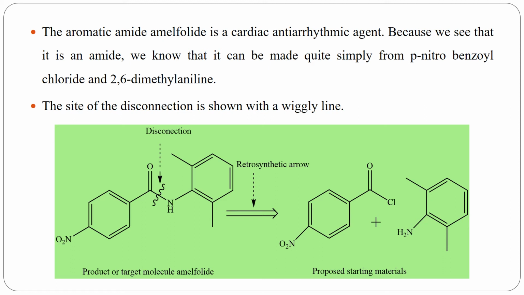Here is another example. It shows that the site of disconnection is shown with the wiggly line. Here it is the bond which is to be disconnected. Here it is an amide. Amide is formed from acid chloride and amines. So this bond is disconnected and we get the proposed starting materials.